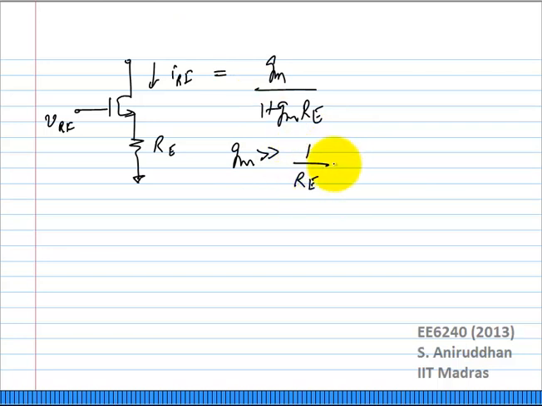If Gm is made very large compared to 1 by RE, why is this more linear? Because by definition a resistive element is as linear as you can get in most cases.